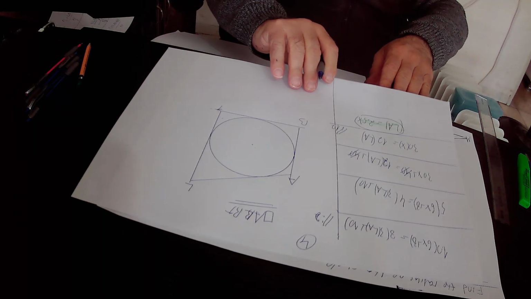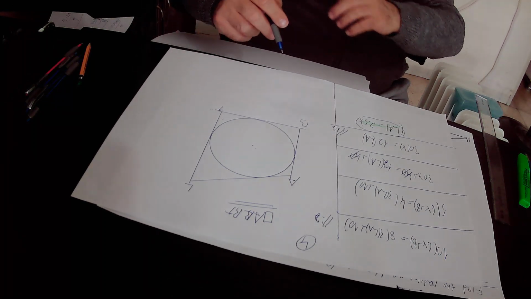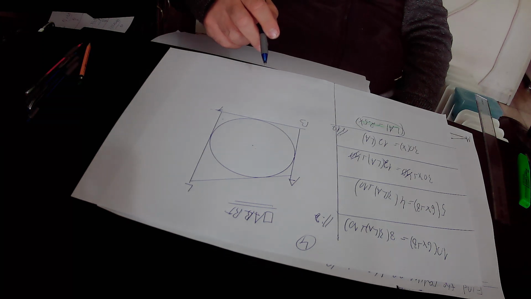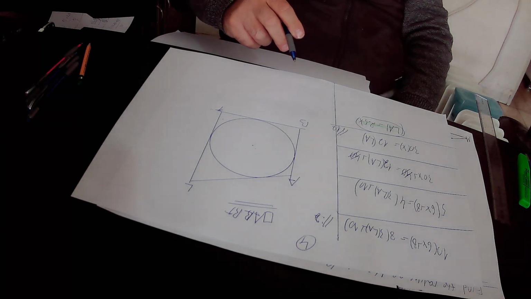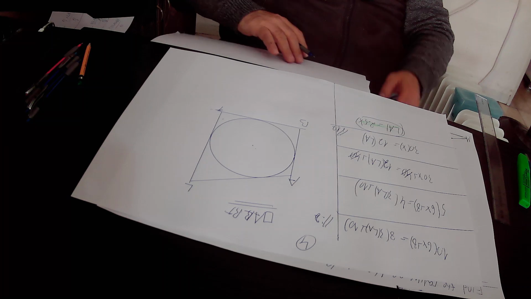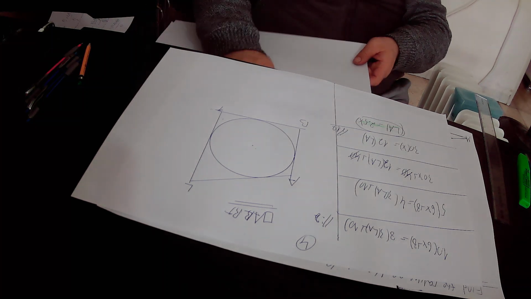So actually, this is the small quadrilateral ALBT with the circle that is described inside it, copied from the original drawing.